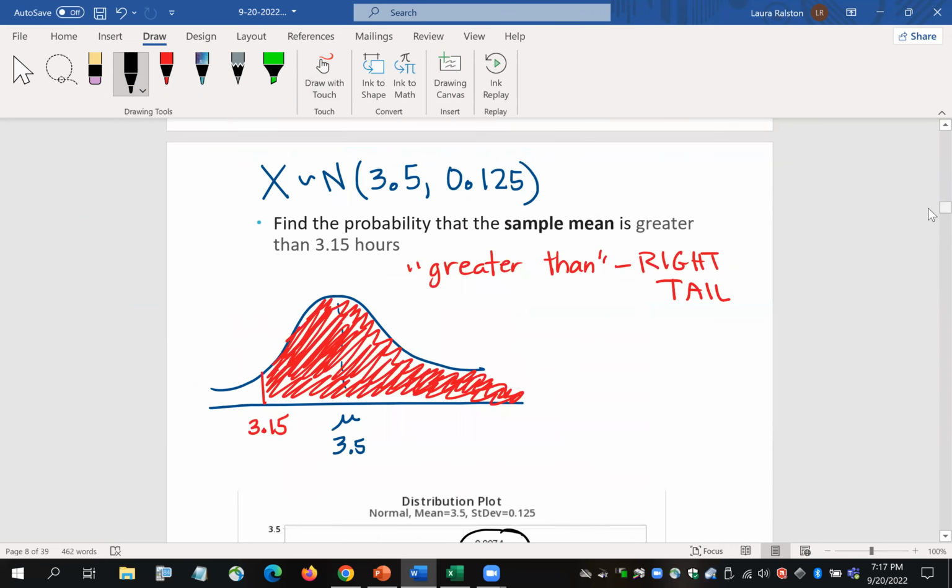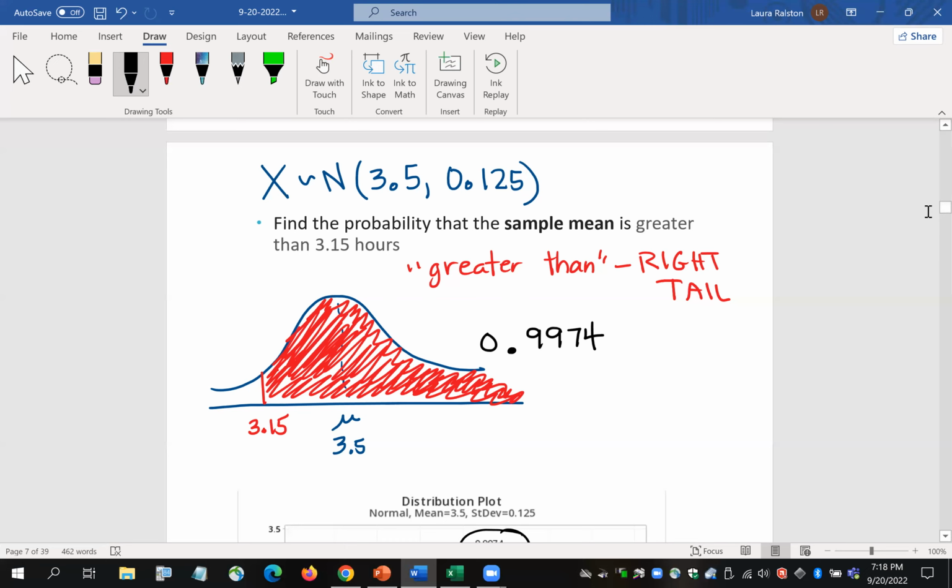So on average, 99.7% of students taking the SAT take more than 3.15 hours. On average, 99.7% of students taking the SAT take longer than 3.15 hours.